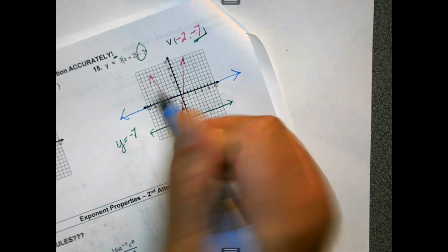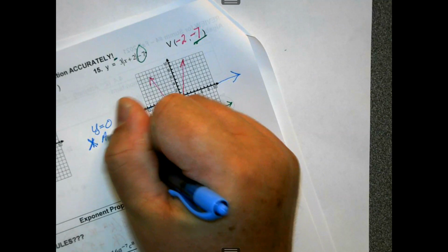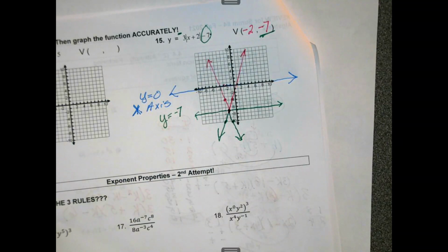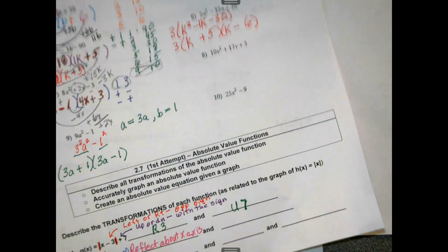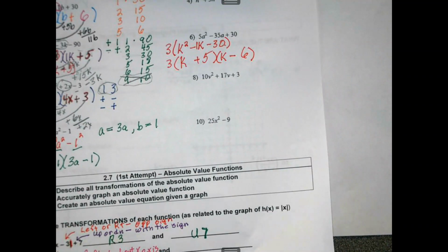It's the x-axis. That's why I stated it reflects about the x-axis, because it's the y equals 0 line.